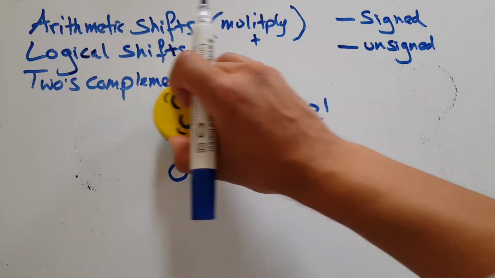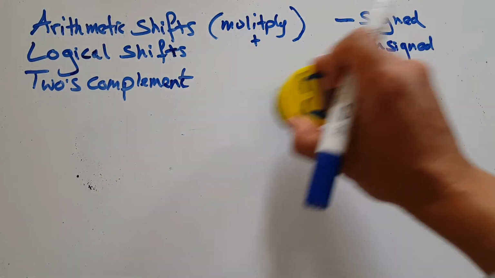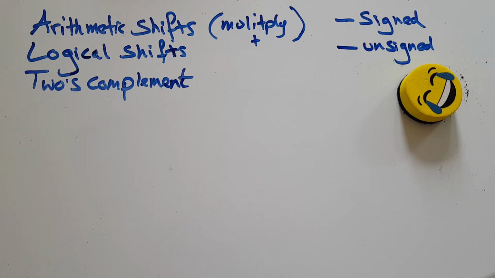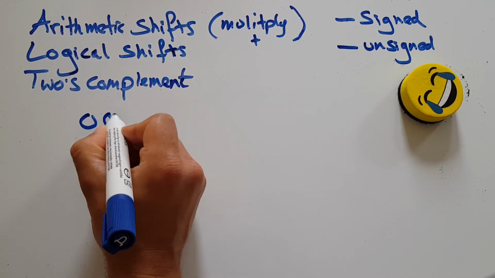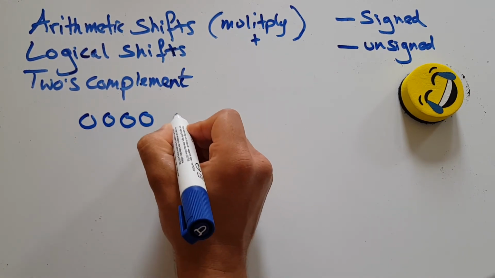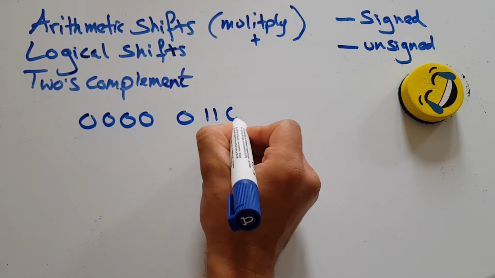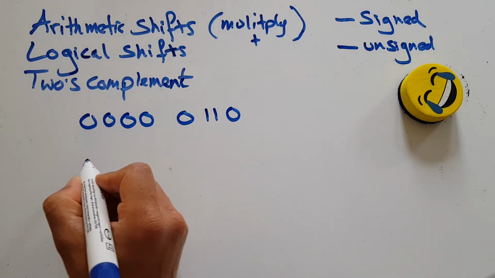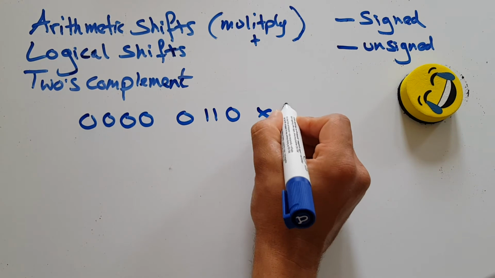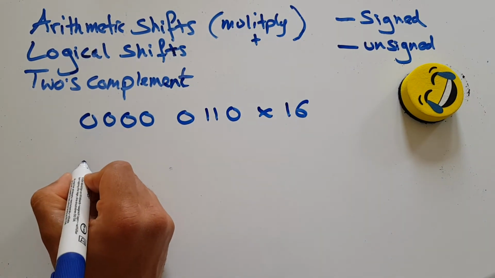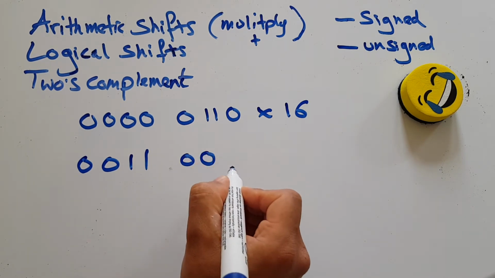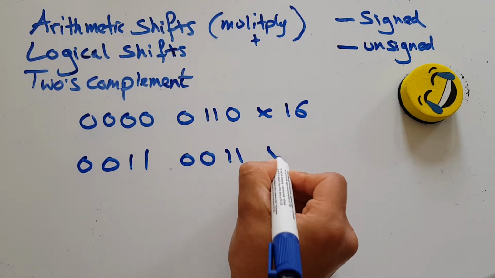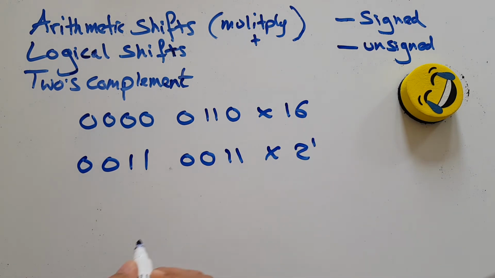Okay, grab a pen and paper. I'll put some examples on here and then get ready to press pause. Okay, so let's go with 0, 0, 0, 0, 0, 1, 1, 0, and we'll multiply that by 16. 0, 0, 1, 1, 0, 0, 1, 1, and we'll multiply that by 2 to the 1.